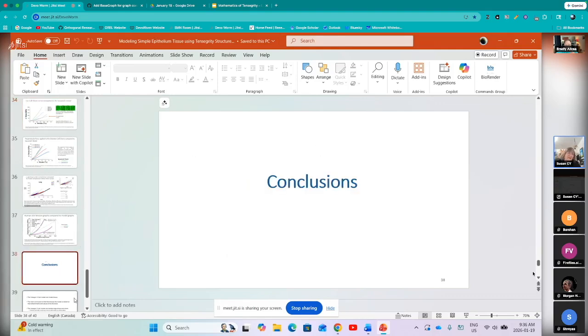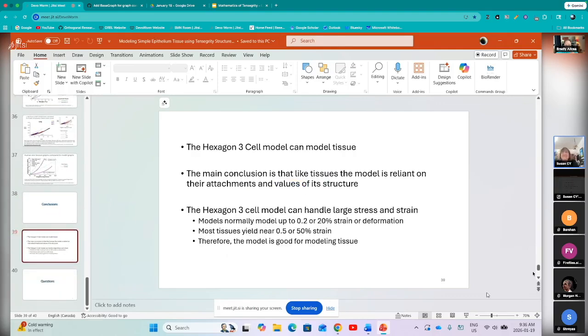Anyways, I had conclusions, but if you want to see them, I can do my model work to match stress strain curves of actual real tissue. Main conclusion is that like tissues, the model is reliant on their attachments and the values in its structure. In other words, the elasticity value of the strings and rods.